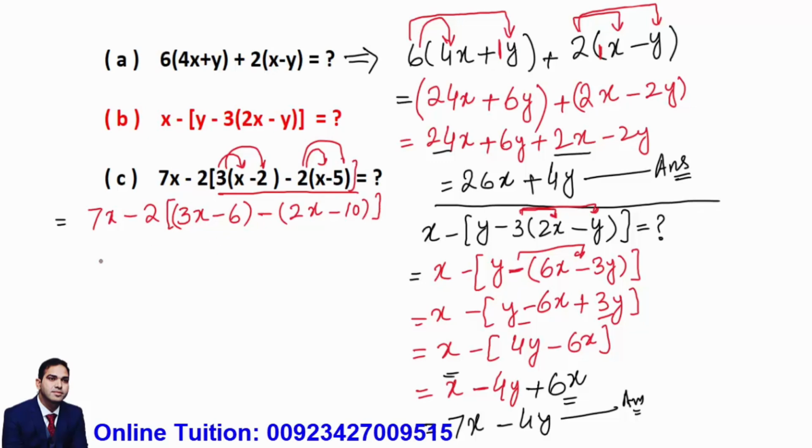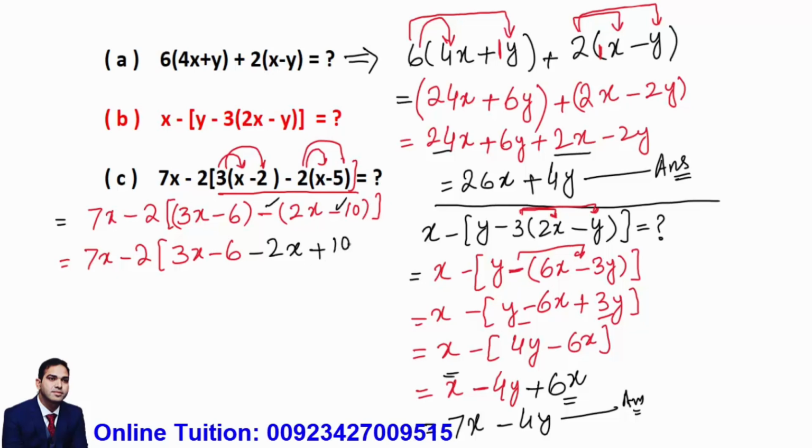Okay, now after that 7x negative 2, now simplify this 3x negative 6, now this is negative 2x, and this negative multiplied with this will be plus 10.